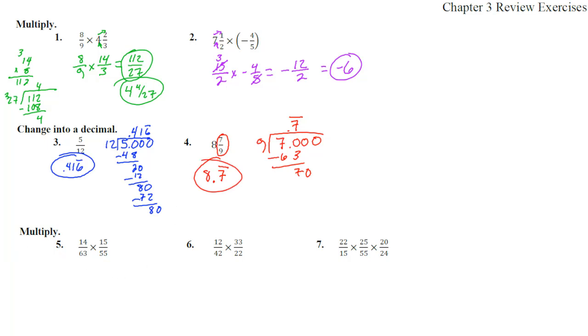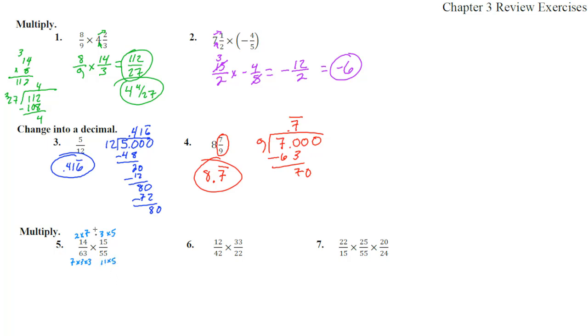Okay, number 5. Now look, we're getting into this multiplication. If you remember in this section, they were hoping that we could see some stuff that we could cancel ahead of time. So I'm going to write this out as a 2 times a 7, and this is a 7 times a 9, which is a 3 and a 3, and this is a 3 times a 5, and this is an 11 times a 5.